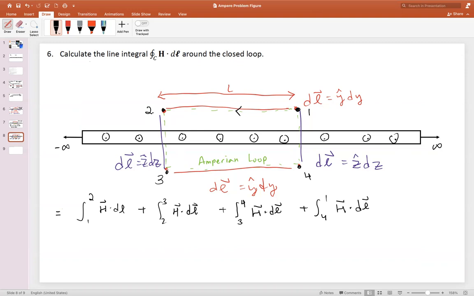And that's going to be these vertical integrals. In these integrals, these don't add to our calculation. So this one is equal to 0, and this one is also equal to 0. So this leaves us with a simplified expression with just 2 of the 4 integrals.